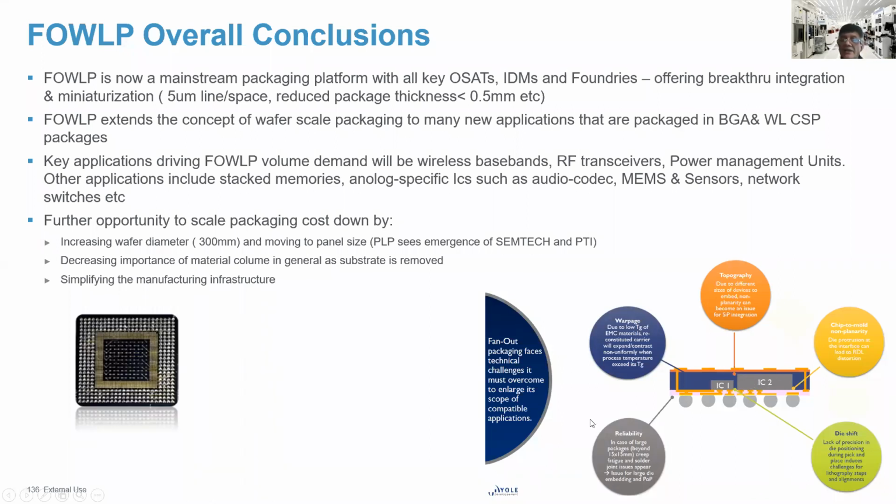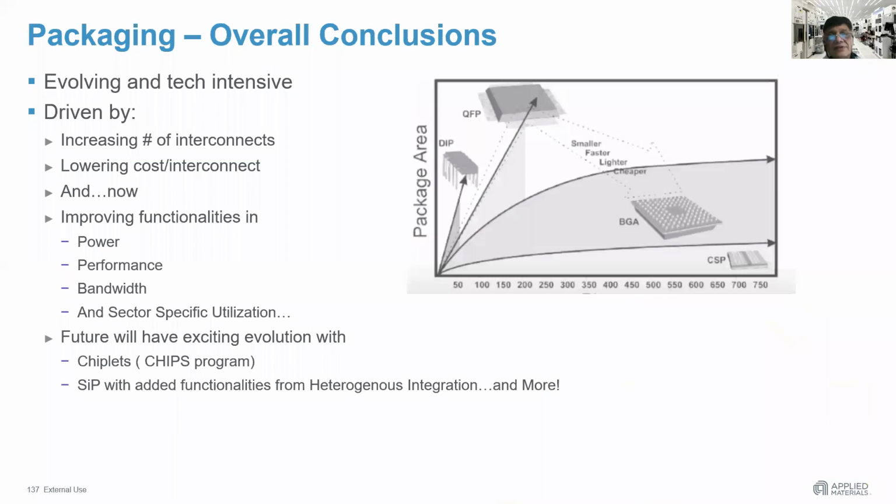And then your die itself, you have to have very precise positioning. And if there are die shifts, they can play with the overall system functionality and reliability. So there are challenges, but these are all challenges that we are sure will keep on evolving and keep on getting addressed.